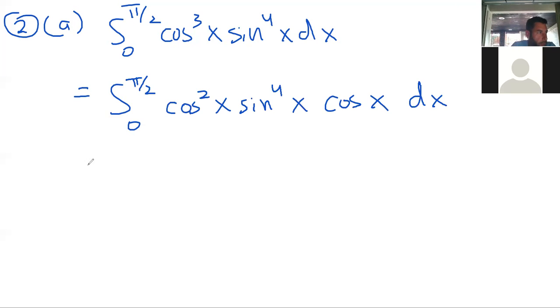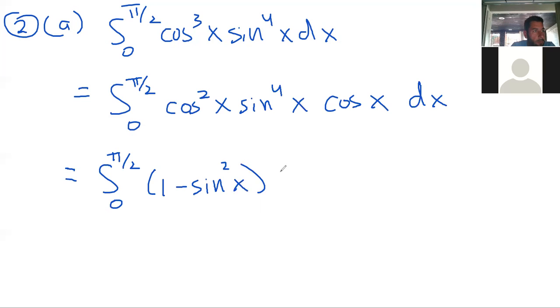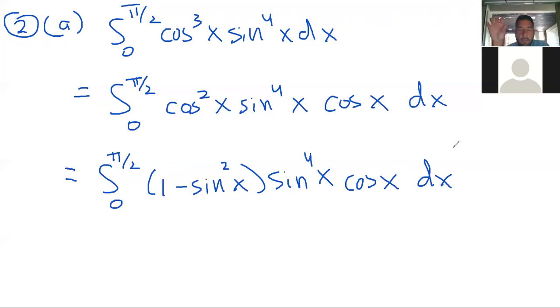And then I'm going to replace the even power of cosine with 1 minus the sine squared. So I'm just using a trig identity. But if I do this properly, it sets this integral up very nicely, because now it's an elementary substitution if we've done this problem correctly.